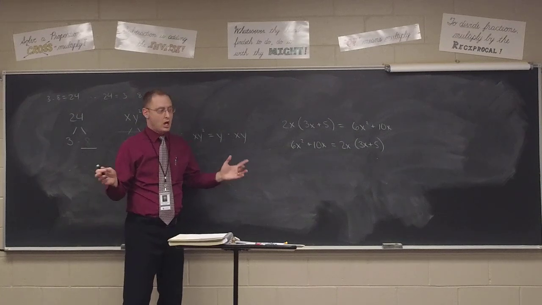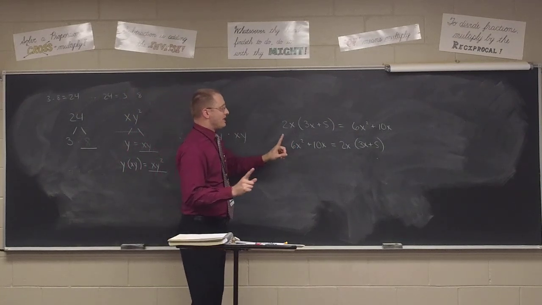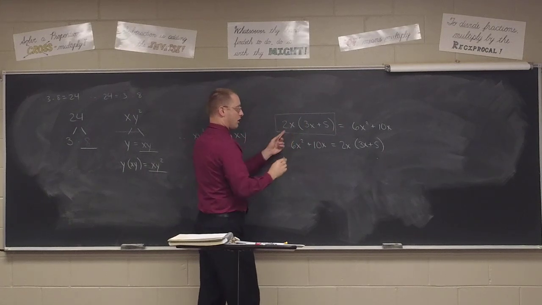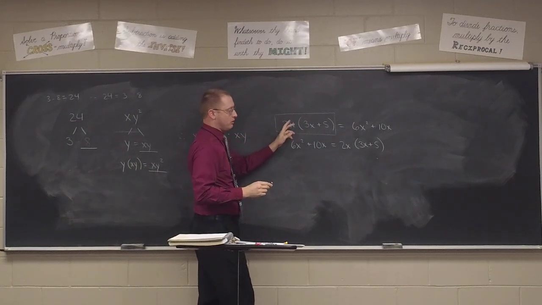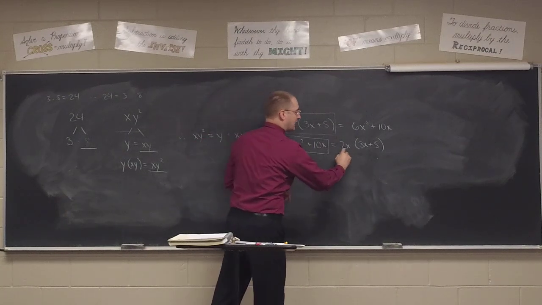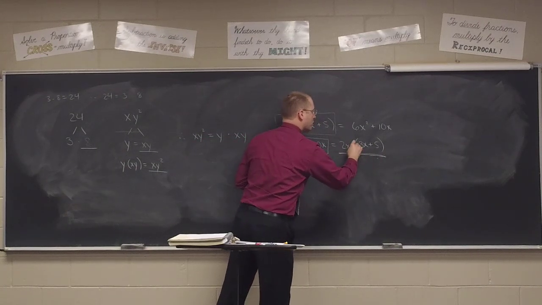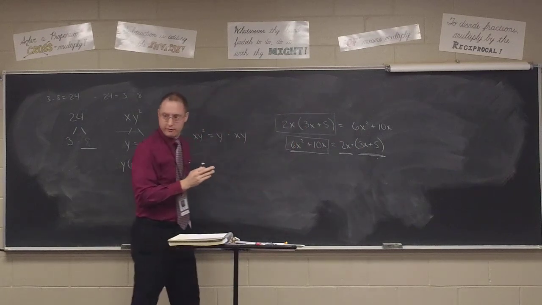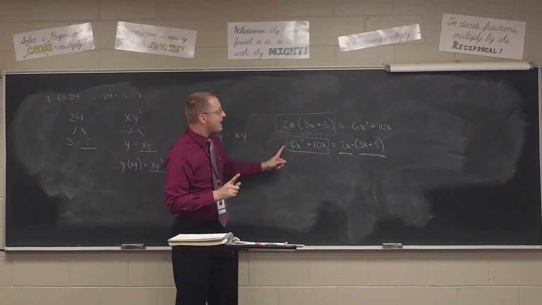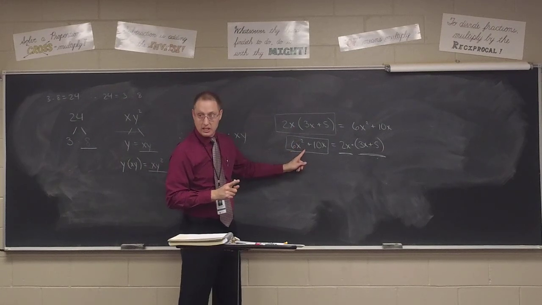Right? What we're going to work on is, instead of multiplying a monomial times a polynomial, taking a polynomial and splitting it into 2 different factors, but first identifying what was distributed in the first place.